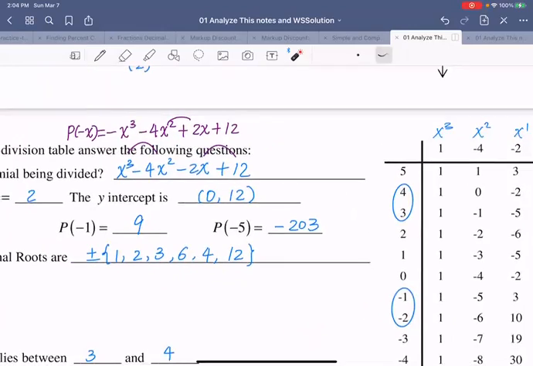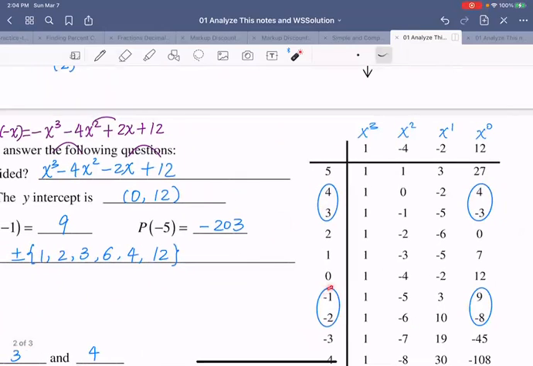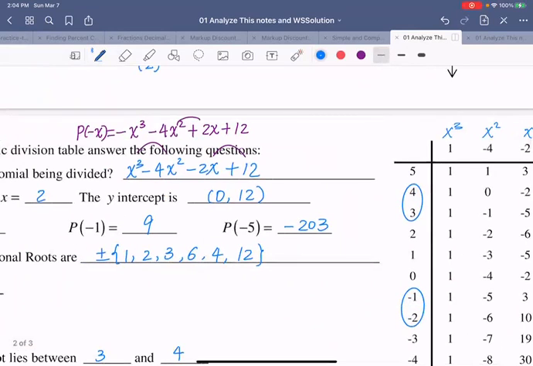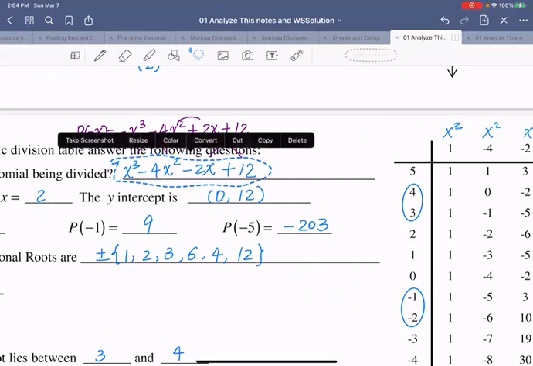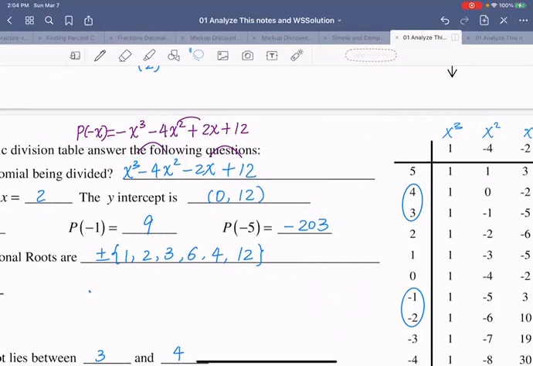And then they ask you P of negative 1. P of negative 1 is this guy. If you don't believe so, you are welcome to plug in when x equals negative 1.